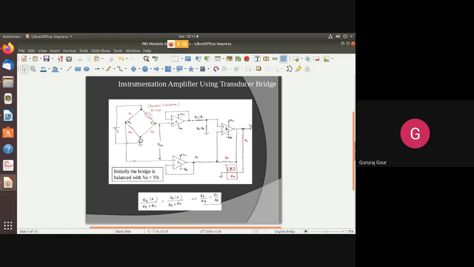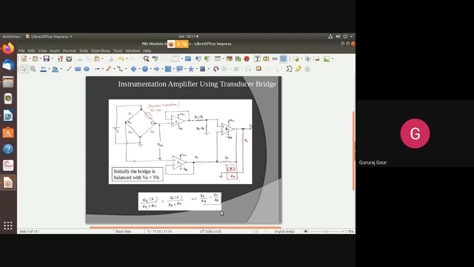If you multiply this current by RB, we get the voltage at node B, that is VB. So that's why we have written RB into E divided by RB plus RC. But in the balanced condition, as VA equals VB, you can cancel out these two and finally get RC by RB equal to RT by RA.